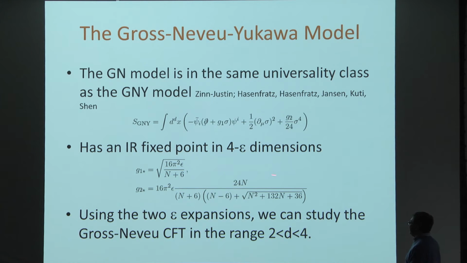And this, as expected, has an IR fixed point in 4 minus epsilon. And then using these 2 epsilon expansions, we can study this Four-Fermion CFT in the entire range between 2 and 4 dimensions. So it's a completely parallel story, but it's even simpler in the case of the Four-Fermion theory.